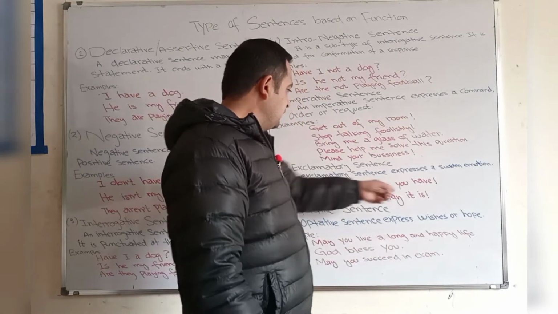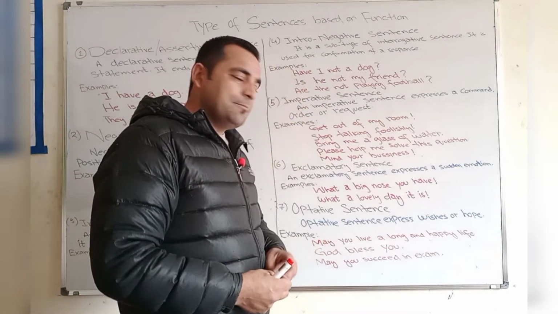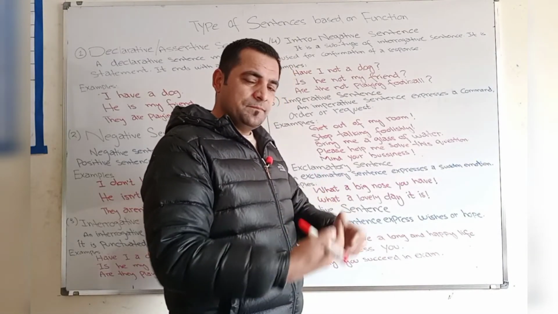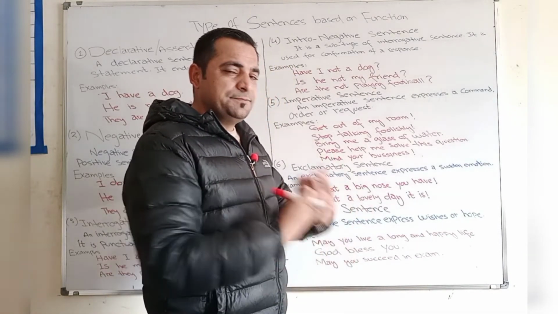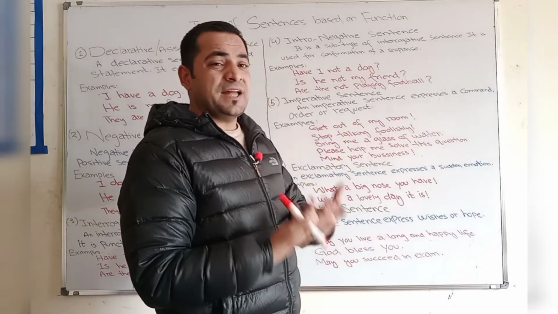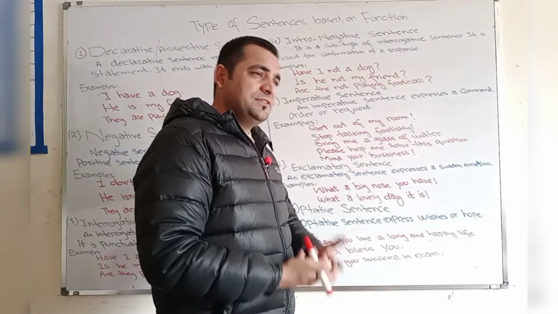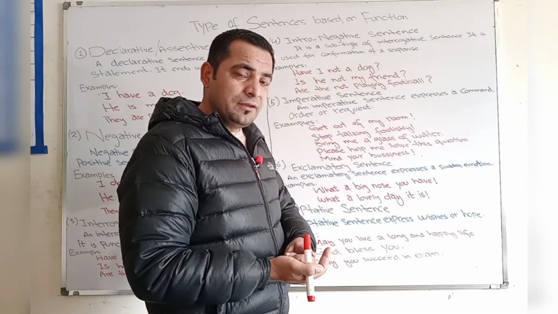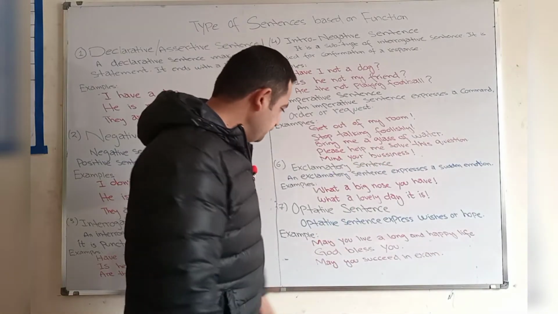So now these two sentences are examples of exclamatory sentences. An exclamatory sentence expresses what? Emotions and feelings. What are emotions and feelings? Feelings of happiness, sadness, joy, anything.